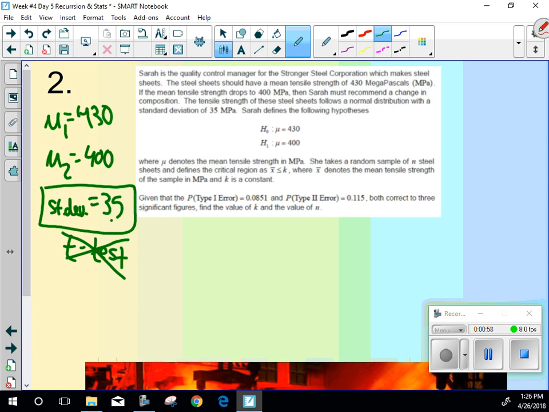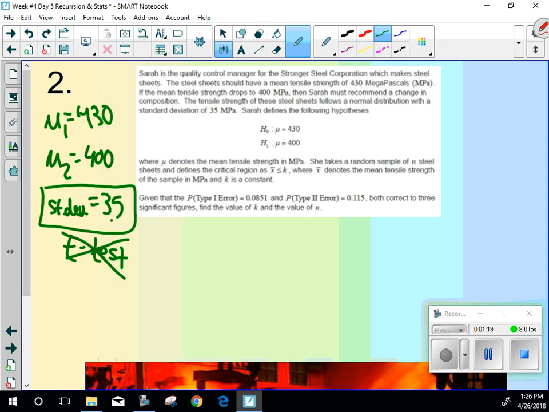Then what we're going to do is, they're saying here that given the type 1 error is 0.0851 and the type 2 error is 0.115, find the value of k and n. So we've got a little bit of a challenge here.